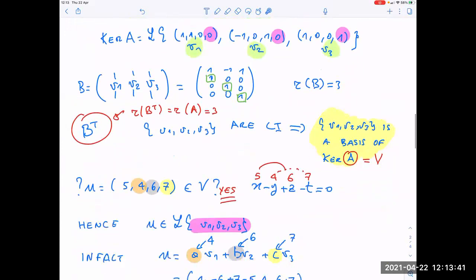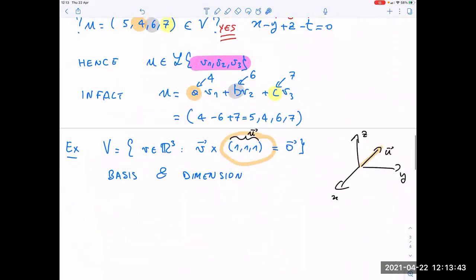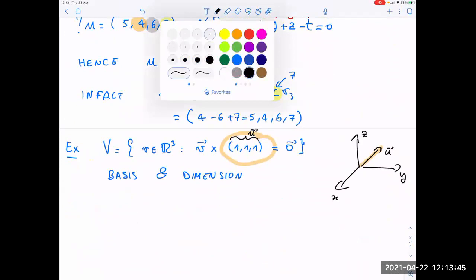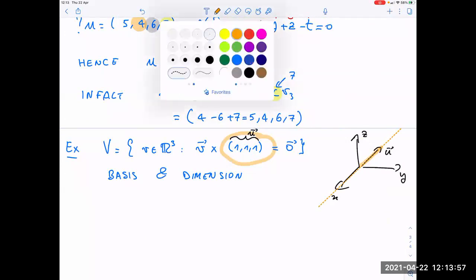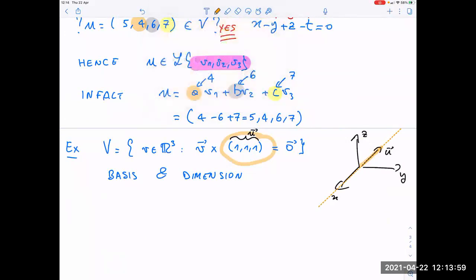Okay? In the meanwhile, many people answer the question, what is the space V? Well, it is the line going through the origin and parallel to U. This is how I summarize your remarks.